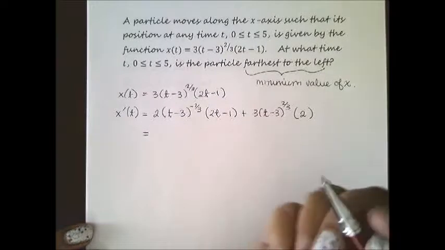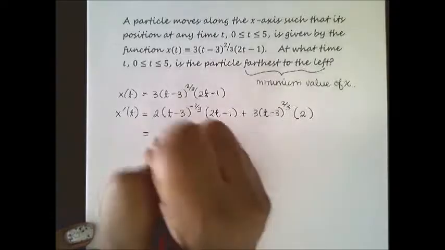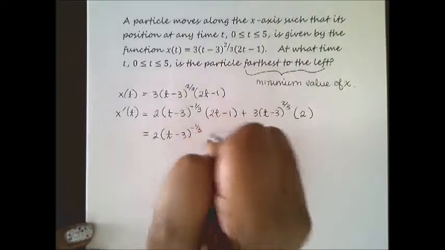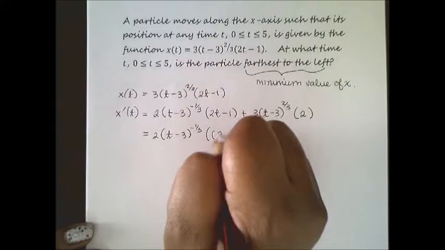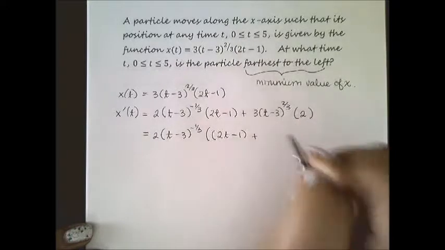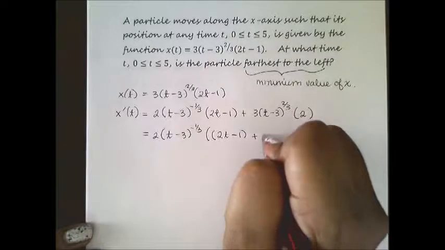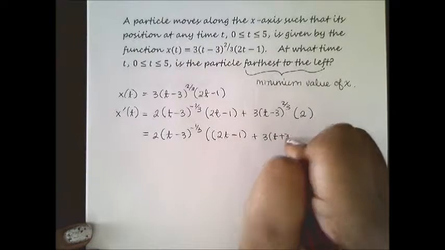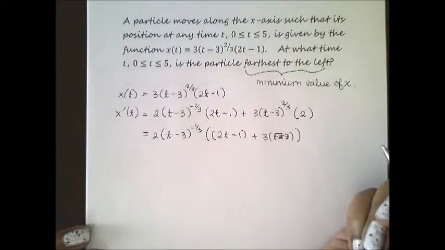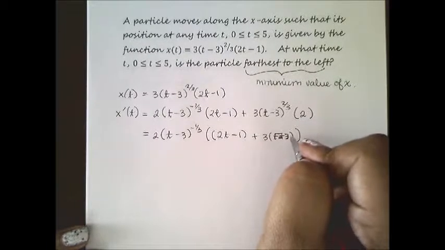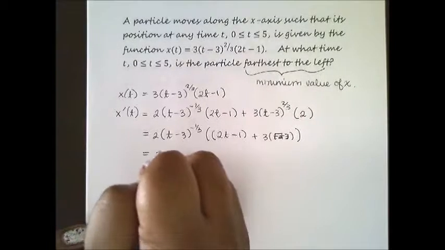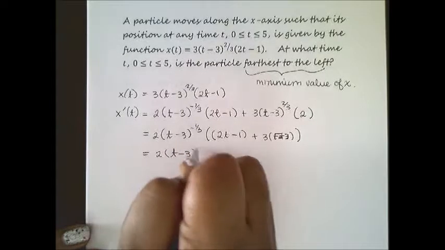So I think that I am going to factor out a 2 and a t minus 3 to the minus 1/3 power. So that'll leave me with 2t minus 1 in the first term and plus 3 times t, oops, not plus, minus 3 in the second term. Right? Because if I multiply this together, that would give me 1, and I started out with the 1/3 power.